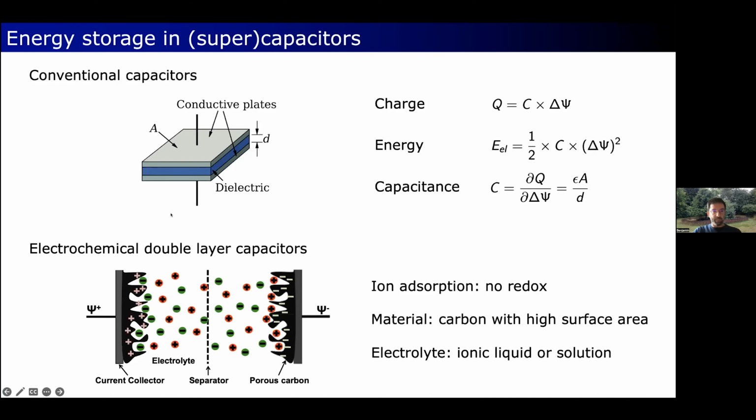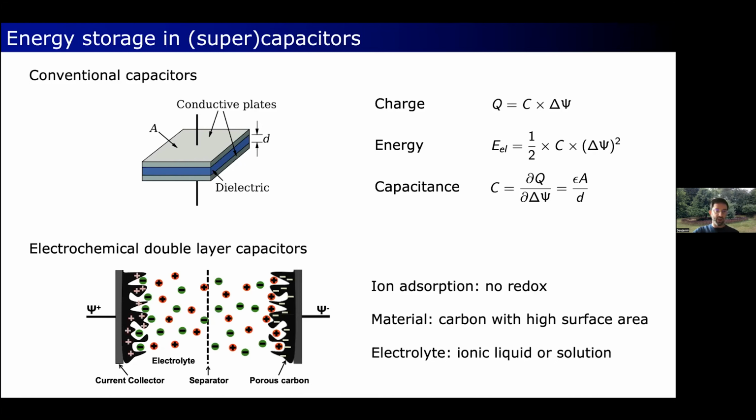The principle of supercapacitors, or electrochemical double layer capacitors, is very similar. You also have two electrodes, but now they are separated by a liquid which contains mobile ions, so an electrolyte or an ionic liquid.